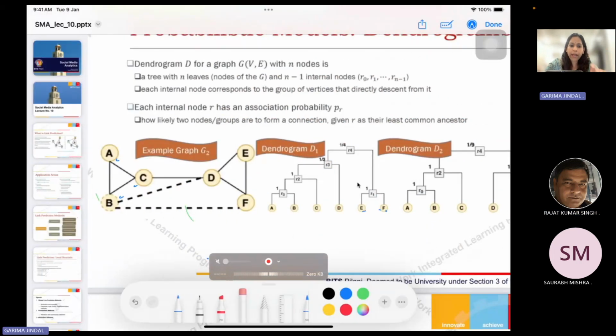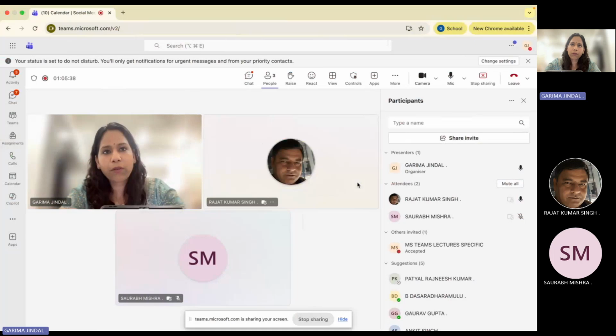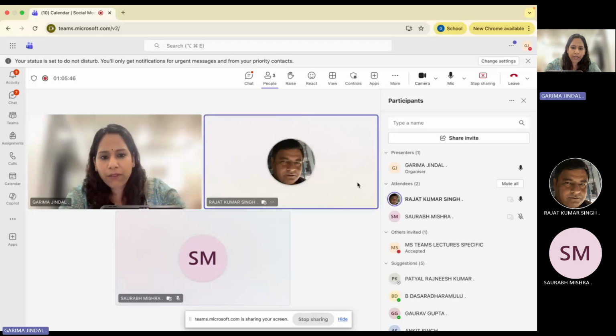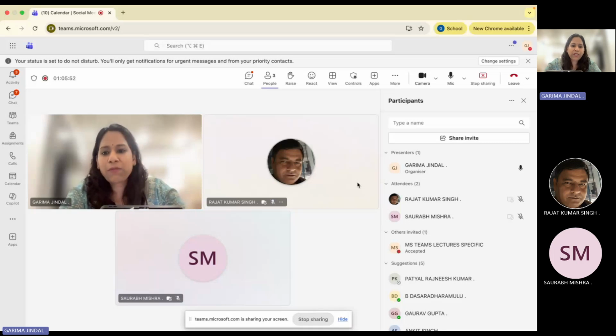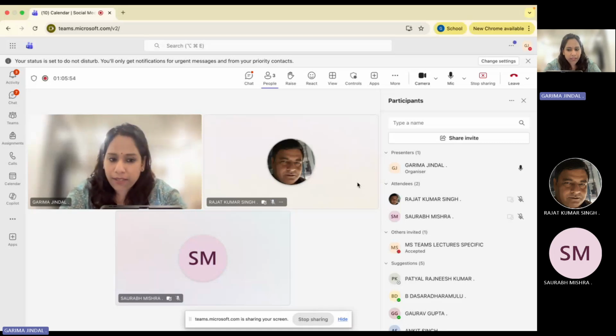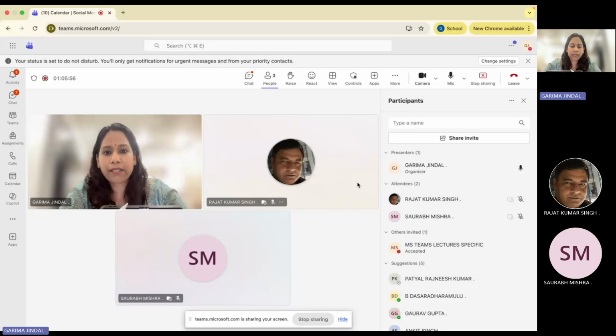It's a dendrogram, and if you want more details about that, you should study the agglomerative clustering algorithm. This is a very popular clustering algorithm in data mining. It properly explains how the clusters are formed and how this hierarchy is formed.